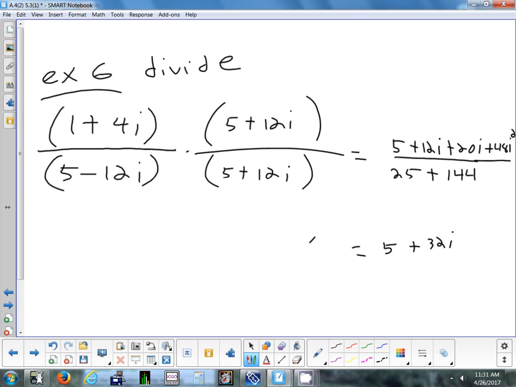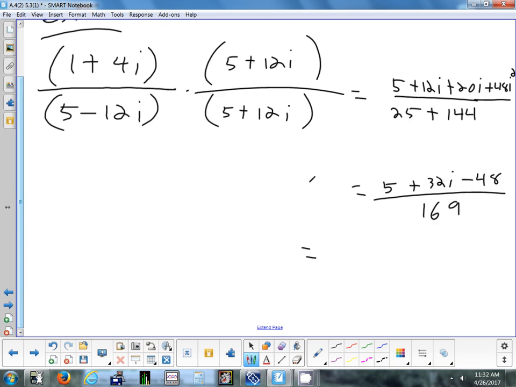What's 48i squared? Yep, it's a negative 48. And also at the same time, I'll add 25 and 144. If you want to do everything I did in separate steps, you can. It's just going to be a lot more writing. So Kylie, what's 25 and 144? 169.